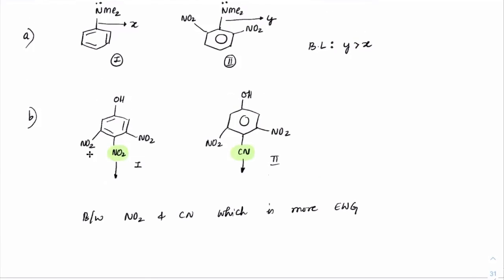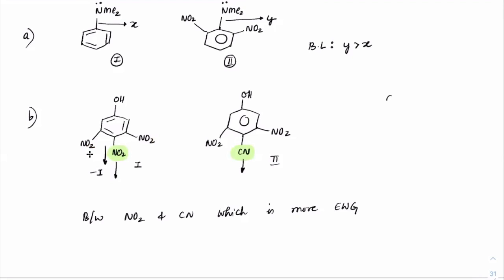Normally, NO2 is always more withdrawing than CN, considering it is showing both -M and -I. But here NO2 will get steric repulsions from both of them, because of which it only shows -I effect. But cyanide is a linear molecule.